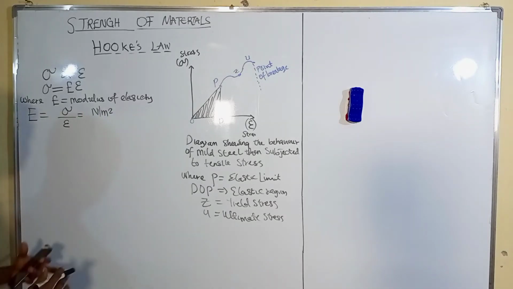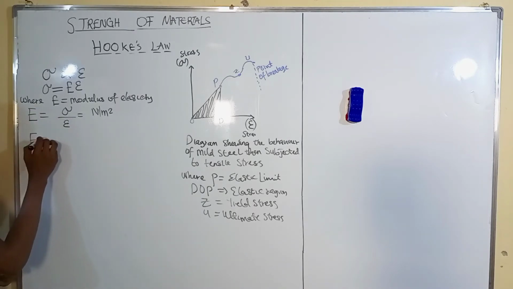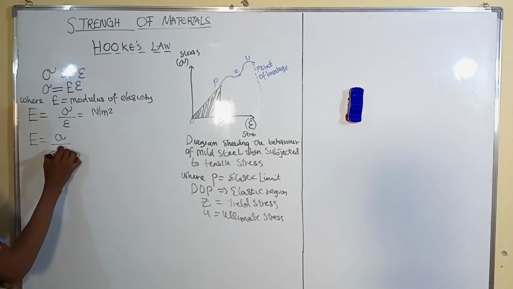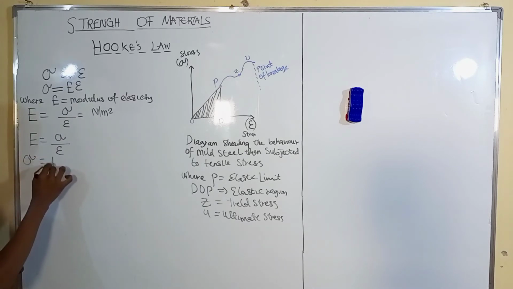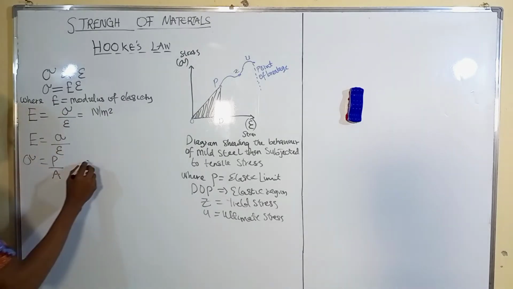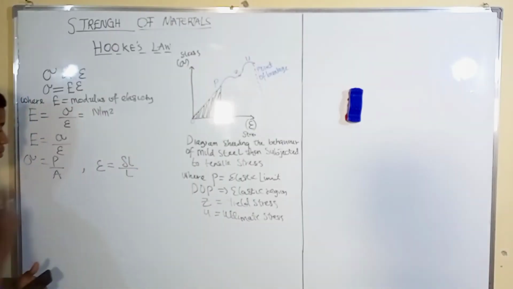Now, let me show you something. Let me coin some relationship from this. In our earlier discussion, we said that the stress signifies the force per unit area. We also said that the strain is what? Extension over length.